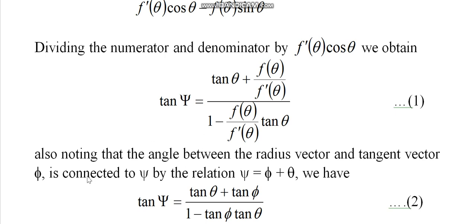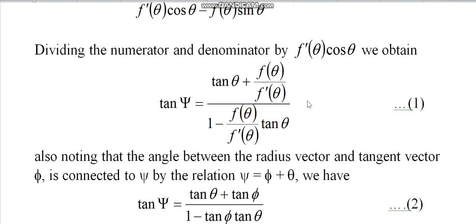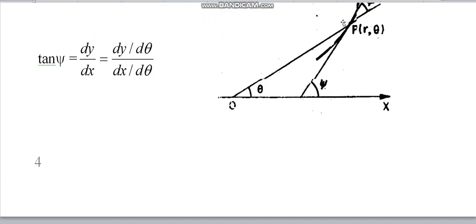Also note from this diagram that this angle psi is the sum of theta and the angle between the radius vector and the tangent vector, phi.